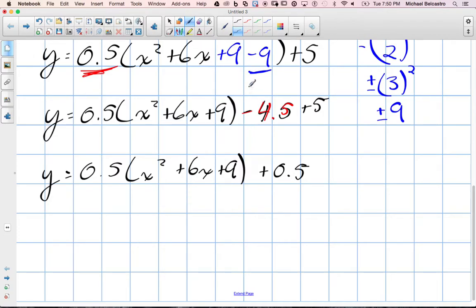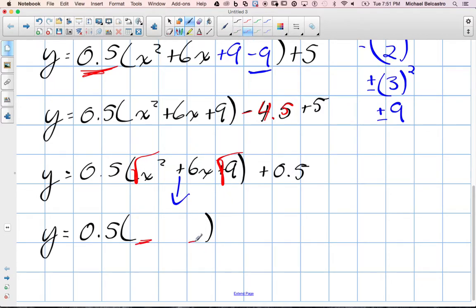In terms of vertex form, we're really close at this step. The last thing we need to do is factor this. Because you've built a special version, you can factor it simply by finding the square root of the first and the last term and bringing down whatever the operation was of your middle term. So y equals 0.5. The square root of the first term is your first term in the bracket.